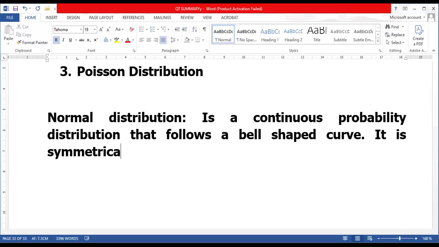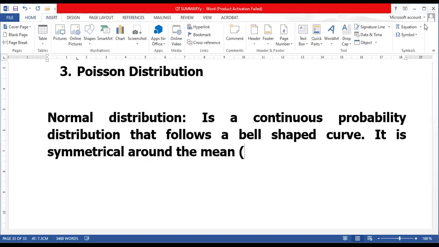symmetrical around the mean. They can ask you to define these things, 2 marks, 3 marks.